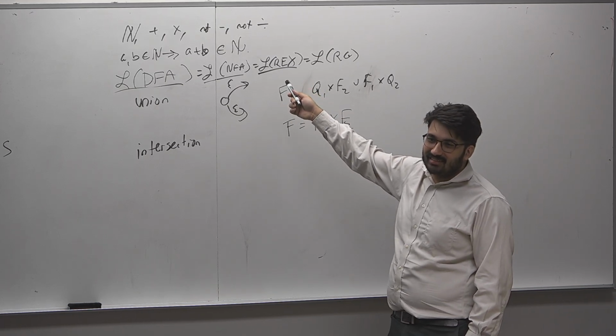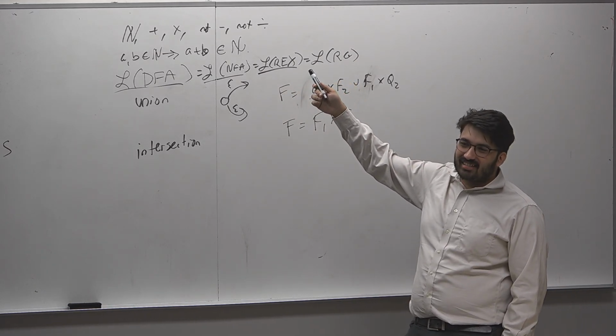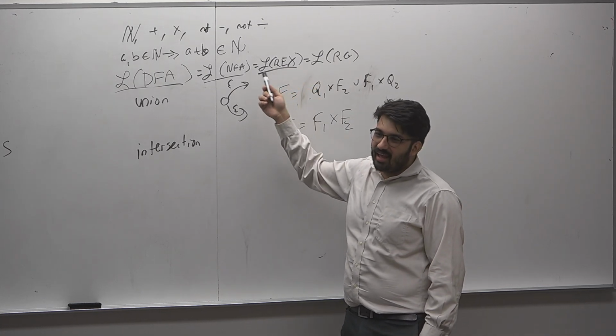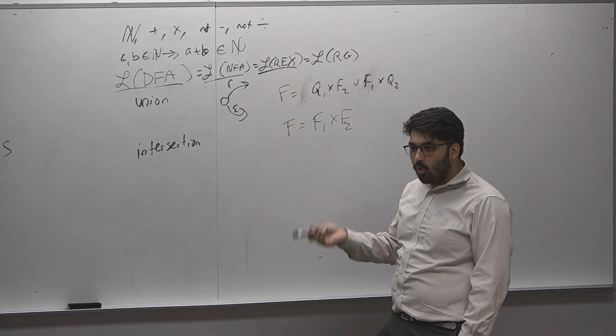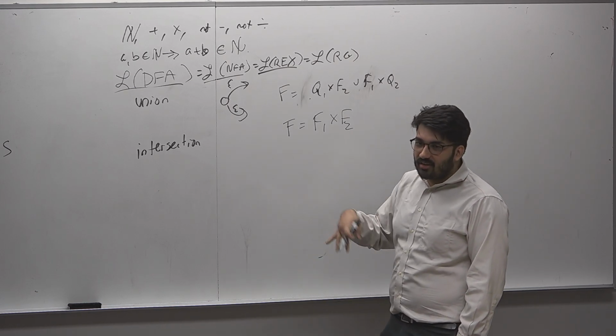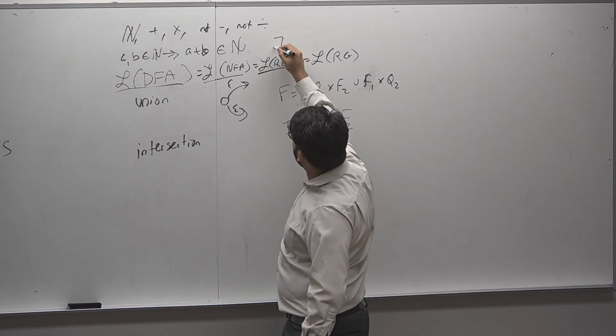You can't. Given non-determinism, you can't do ANDs and complements really easily. You can do unions and ORs really easily, though. You can guess if there is an answer, but you can't say for every. It can do existential stuff, but not universal stuff, right?